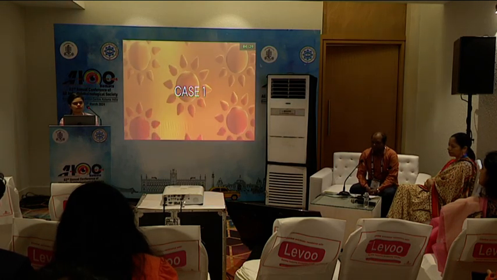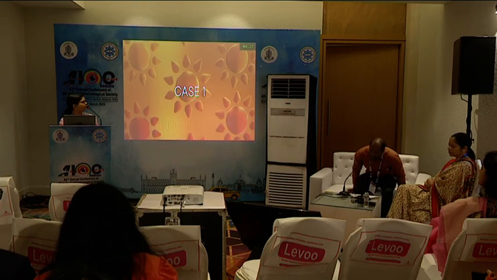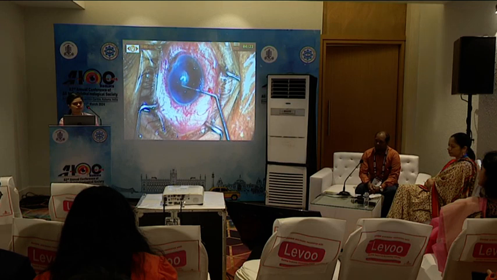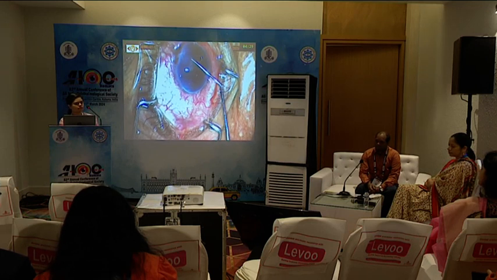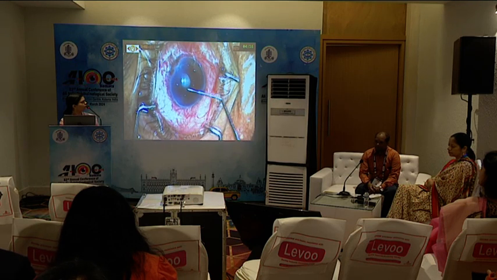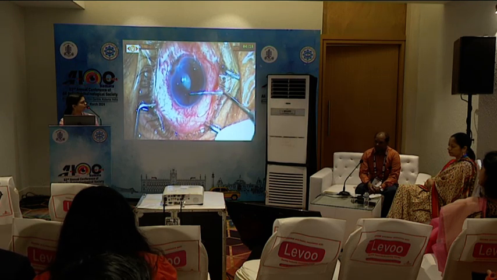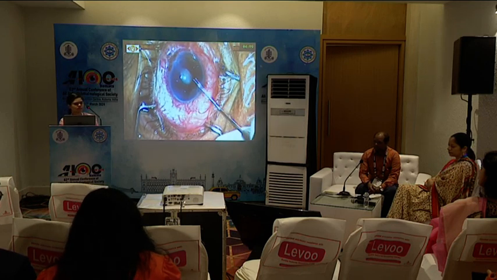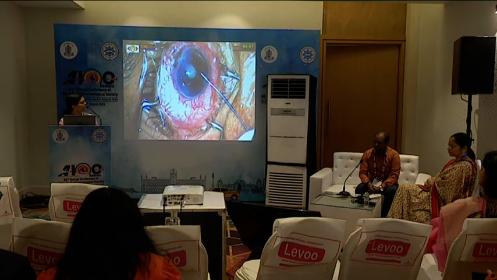This is case 1. In this, as you can see, the pupil is only 3 mm dilated. This is a case of glaucoma, status post trabeculectomy. The cornea is also quite hazy and appears to be decompensated. So in order to achieve pupillary mydriasis, we first performed synechiolysis with the dialer.